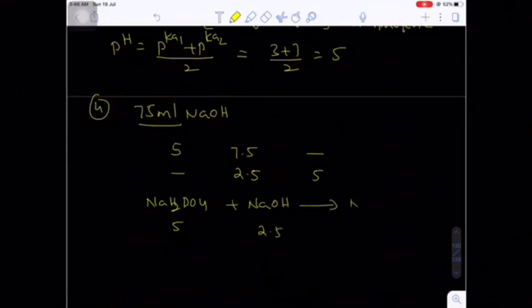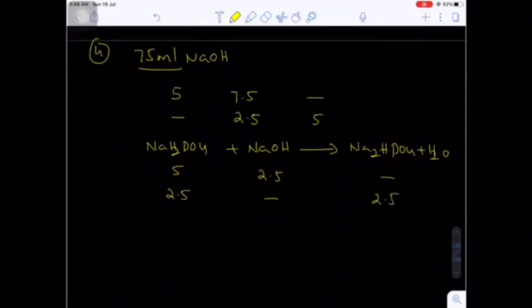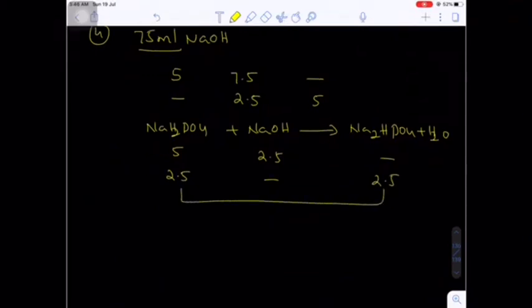Now sodium dihydrogen phosphate is 5 millimoles, and NaOH is also present in the mixture, 2.5 millimoles. And there is a second salt formation, disodium hydrogen phosphate plus H2O. Here 2.5 will be the limiting reagent, so 2.5 millimoles will be left and 2.5 millimoles of salt will be formed.